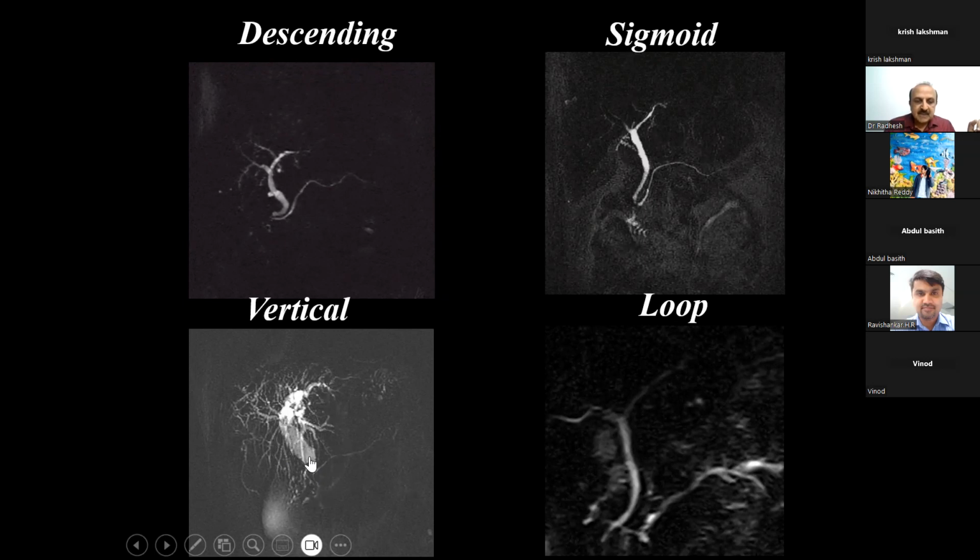So this is the vertical course of the pancreatic duct. And the fourth one is it loops actually. You can see the loop here. There is a loop of the pancreatic duct. So there are four variants. One is the descending. Similar to descending is the vertical course, which is more vertical. Then you have the S shape, the sigmoid. Fourth is the loop of the pancreatic duct.